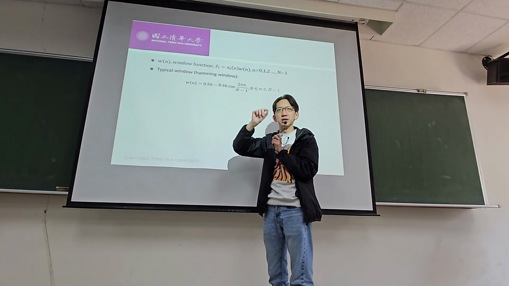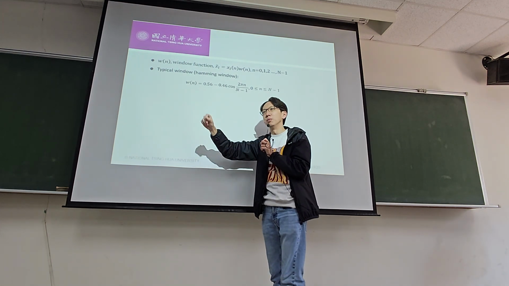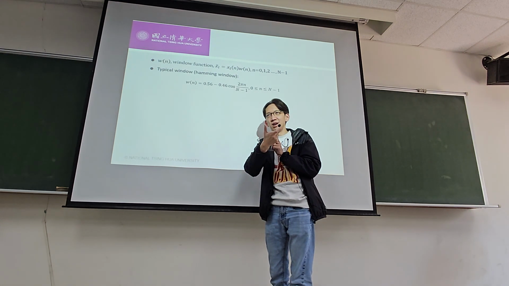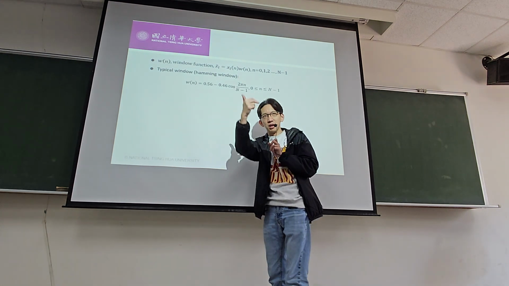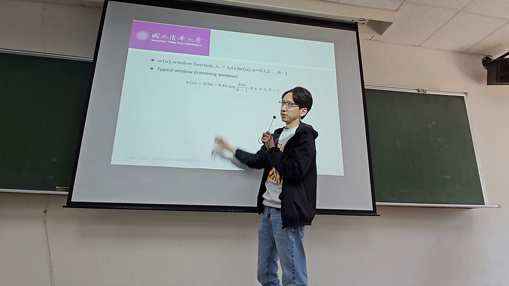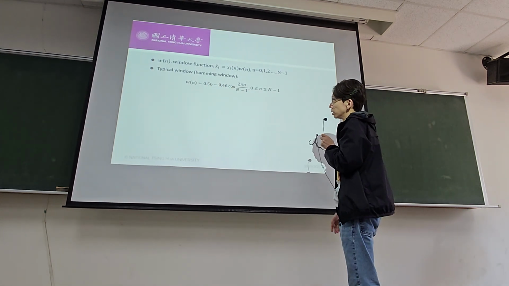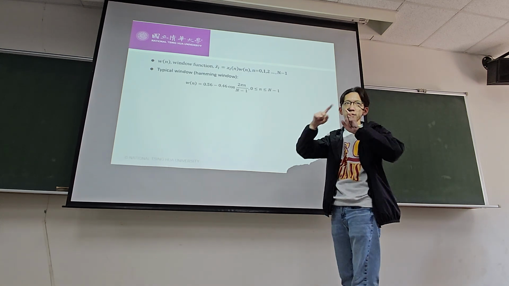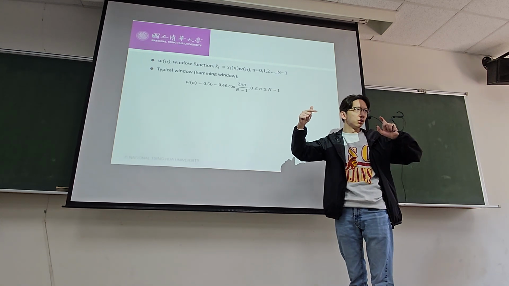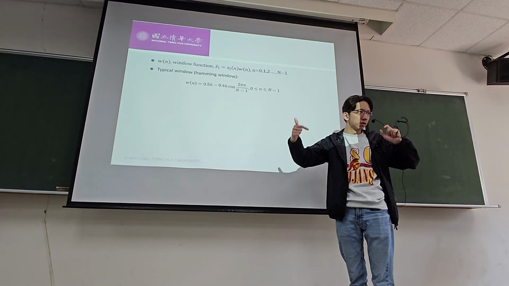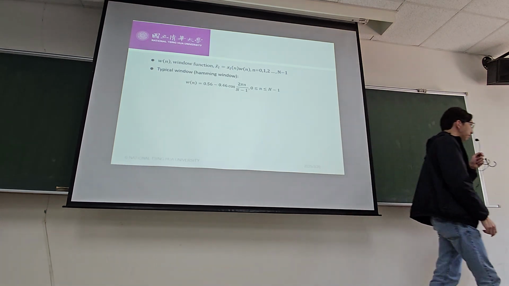We know there are some peaks at the side lobe that appear, which we don't like. How do we cancel that? You move this term over there and give it a minus sign, and it gives you that. The time domain representation is a sort of Gaussian shape, but toward the end it doesn't hit zero. It's close to zero and then jumps to zero. So that's a Hamming window.